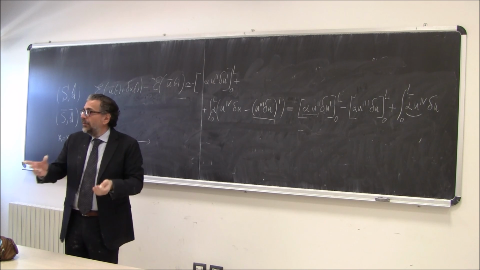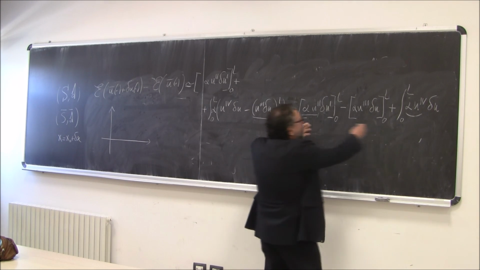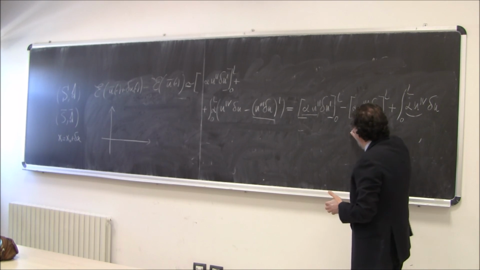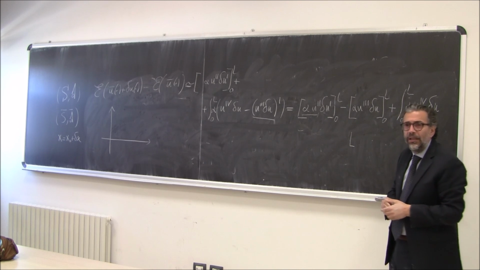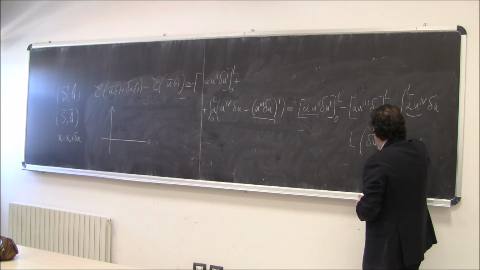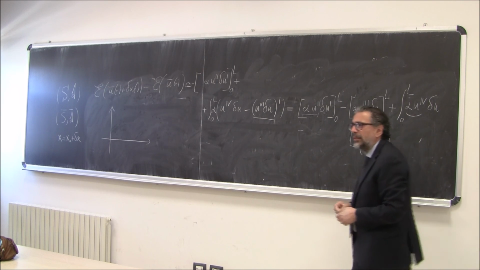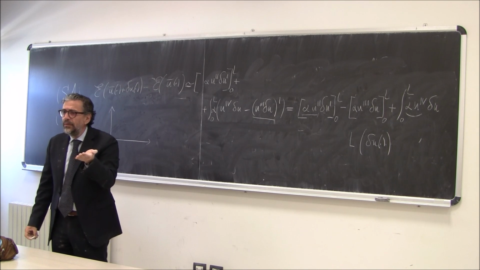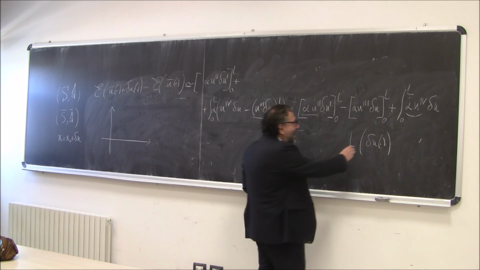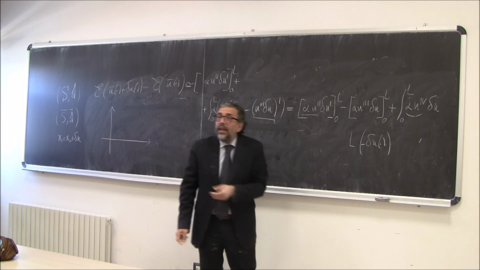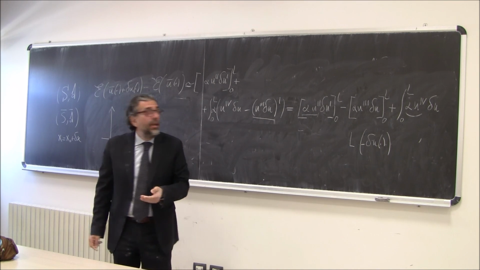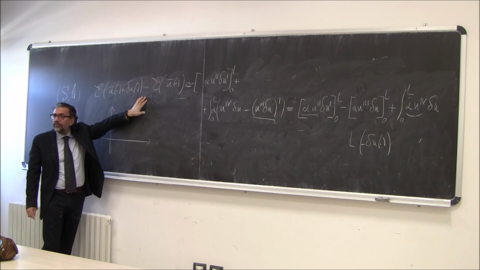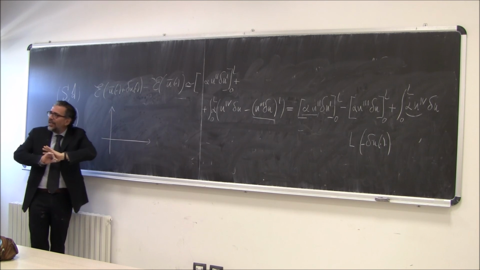Because think about this expression. However you represent it, it is a linear functional applied to delta u. If this quantity is positive, you calculate it with minus delta u, and it becomes negative. So this difference cannot have a given sign.